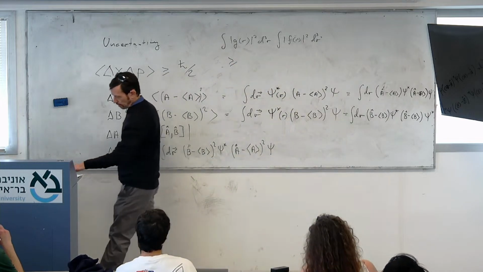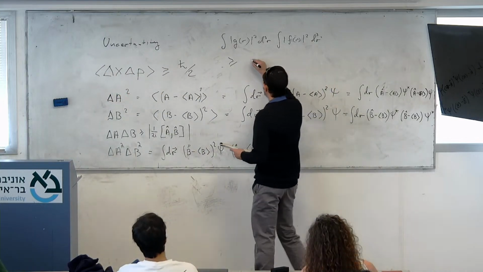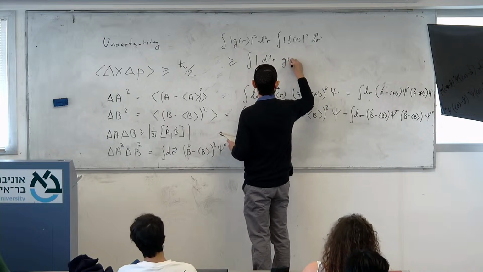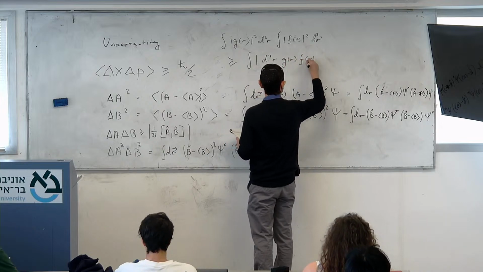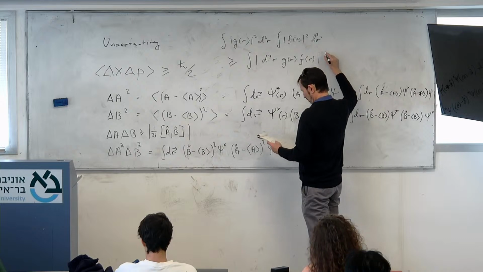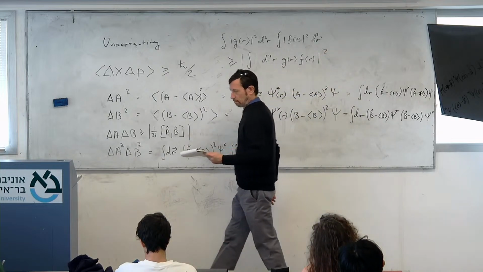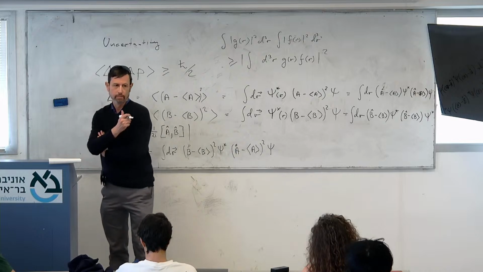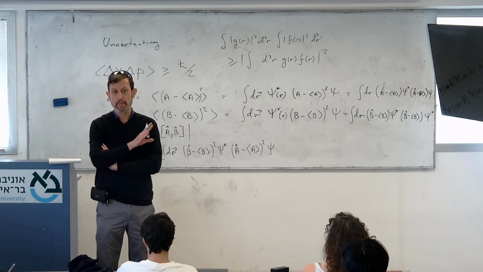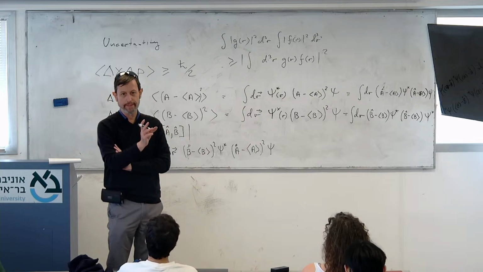This term is bigger or equal. Basically it tells you that if you square before you sum, it's larger than if you multiply and then sum.